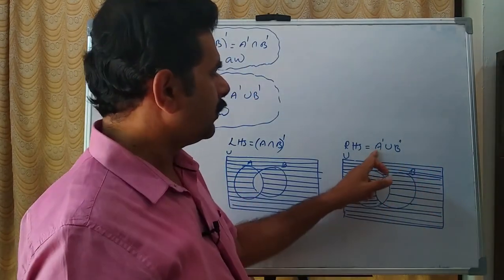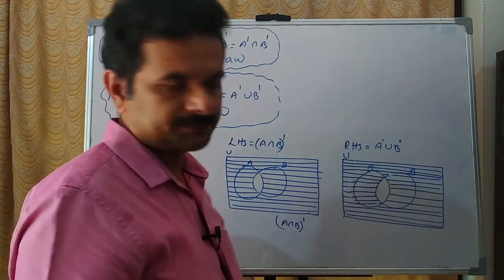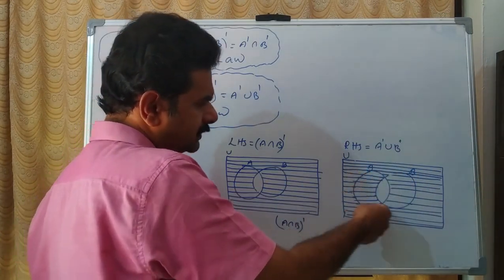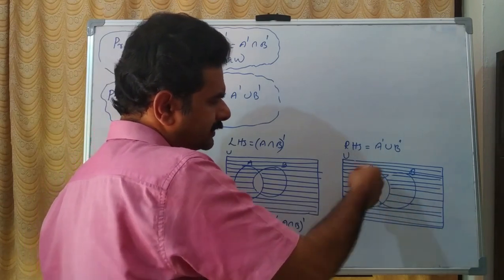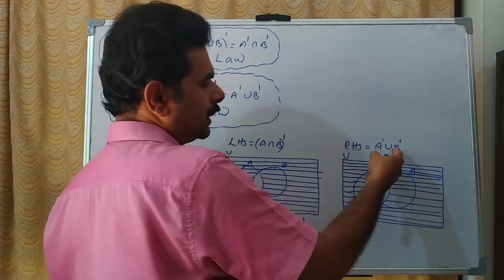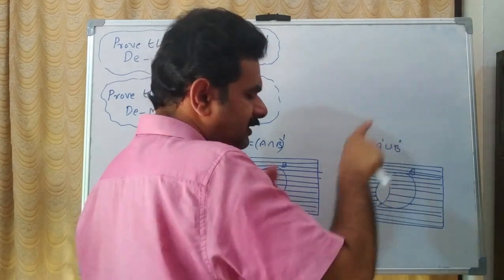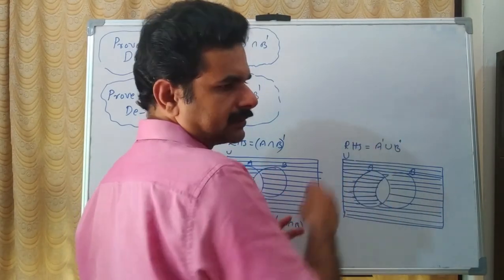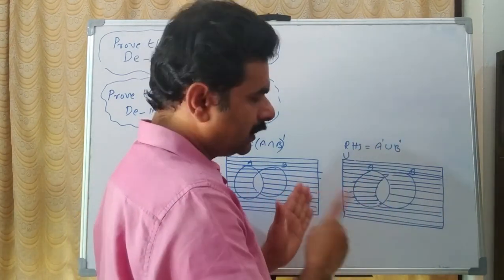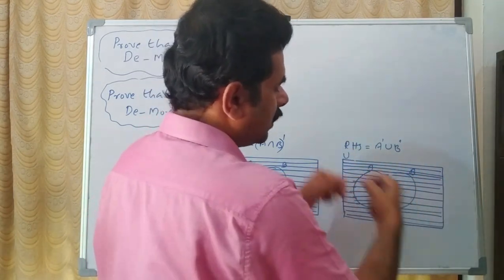Okay. So A complement union B complement. A complement means this one. This is A. All other part they are shaded. Then B complement means this is B and whole other parts are shaded. Then after shading for these two concepts, look at for union, not for intersection. Union means whole shaded part.